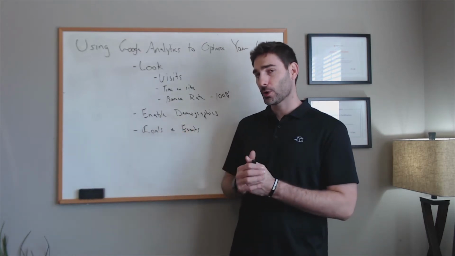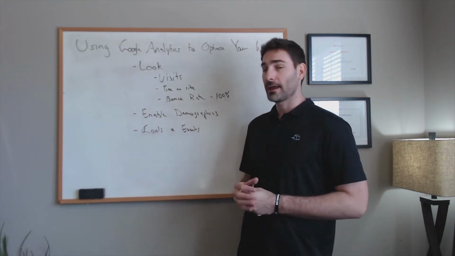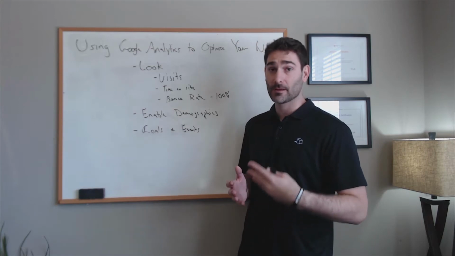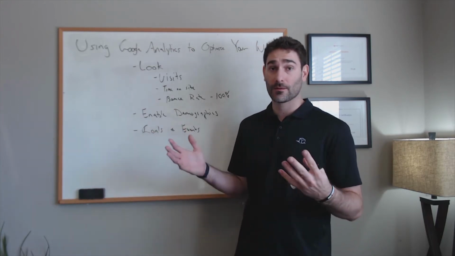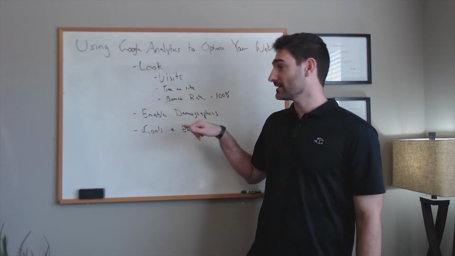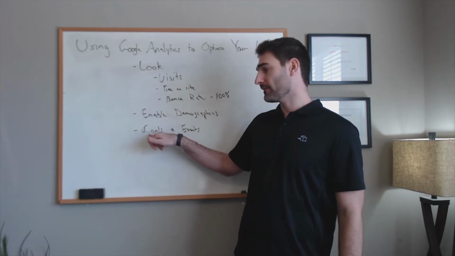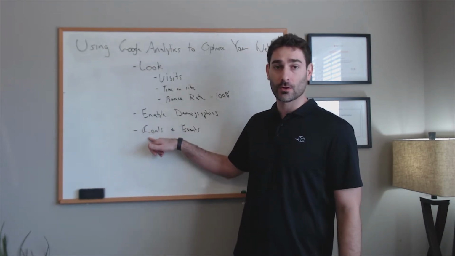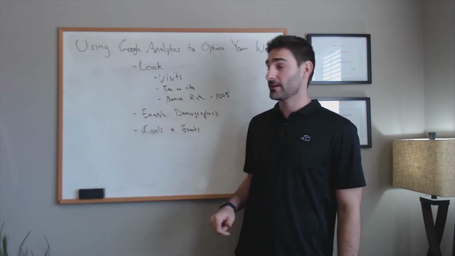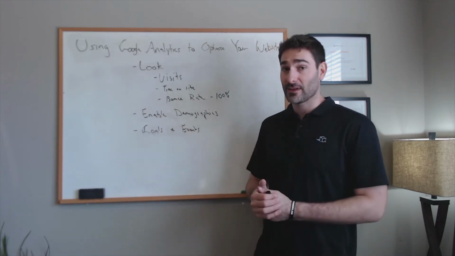You can set that goal up, and when someone registers, Google will track that goal, and you can see a ton of other information about that user and where they came from and why they signed up, and how they reached that goal. So you can filter by your demographics, and you can see which demographics are more likely to register or reach that goal. And you can use that information to keep targeting that demographic that is more likely to reach this goal. Now you can do the same thing with events.